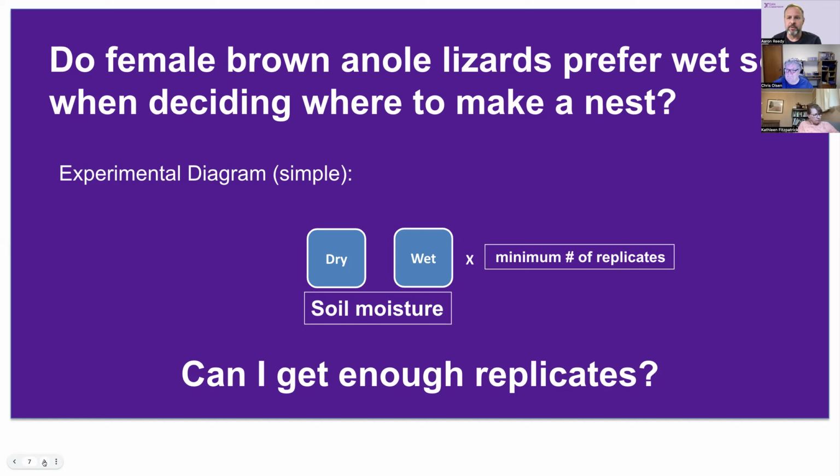So if there's some reason, whether it's time or money or effort or space, that will keep you from getting 20 replicates per treatment group, then I think you want to make your experiment as narrow as possible. And so a binary choice like this example would probably be appropriate.